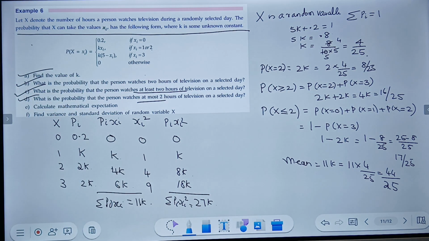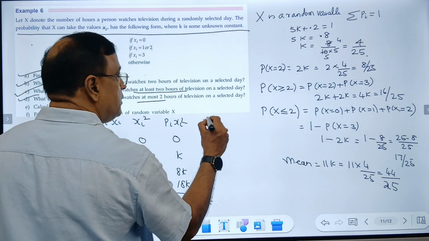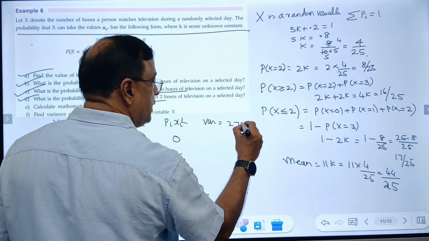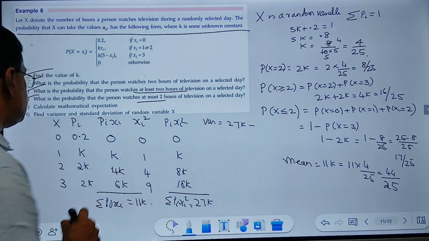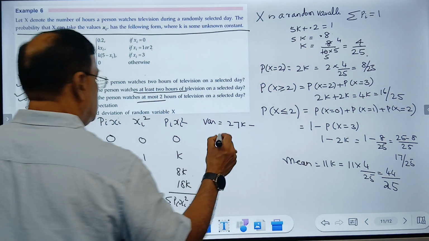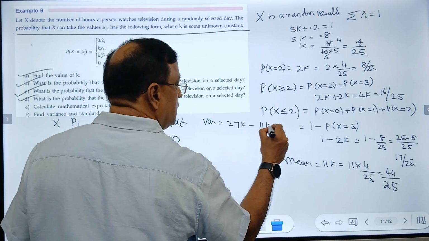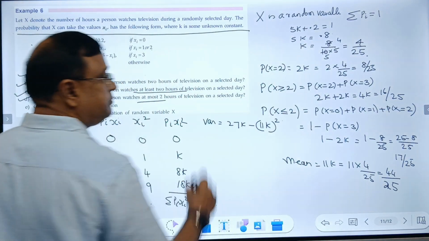Okay, so now the variance formula. What is the variance formula? Sigma pi xi square, that is 27k, minus sigma pi xi the whole square, that is 11k the whole square.